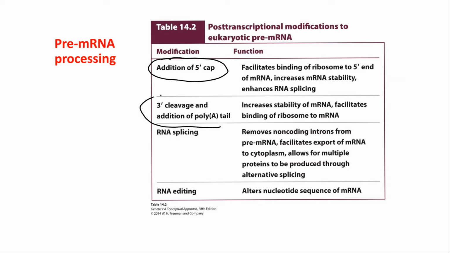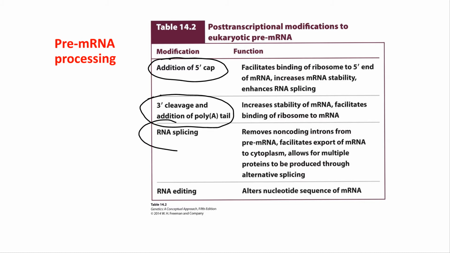At the 3' end, we can find a cleavage site as a consensus sequence where pre-mRNA is cleaved and a poly-A tail is added. You remember the poly-A tail is not encoded in the DNA template. This increases stability of mRNA and also increases binding of mRNA to ribosomes.